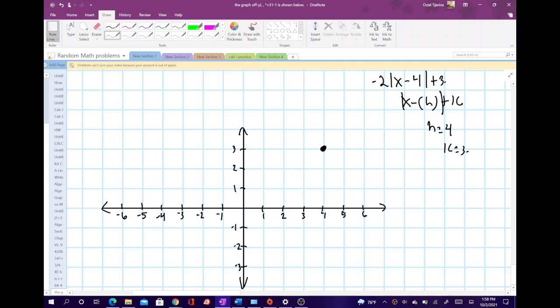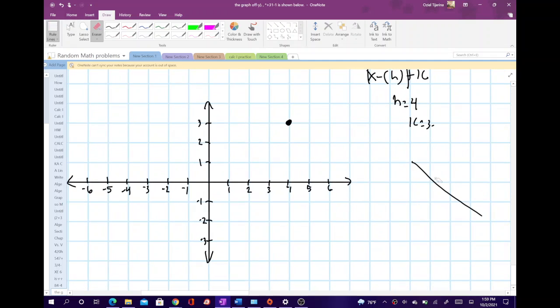And it's telling us that the slope is negative 2, so that means that on the right side of your absolute value graph, it's going to have a slope of negative 2. So you're going to go down 2, to the right 1. And then down 2, to the right 1, like that.